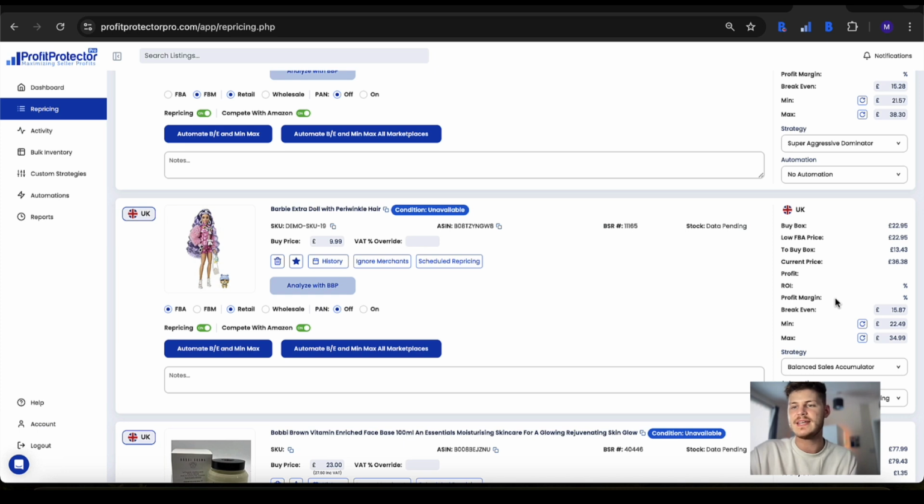And so we can see here it's worked out a minimum price and a maximum price. Having the minimum price just a little bit below the BuyBox in this kind of range seems very sensible to me. We have that slightly competitive edge if we need it, if we need to undercut, and our maximum price is $34.99.